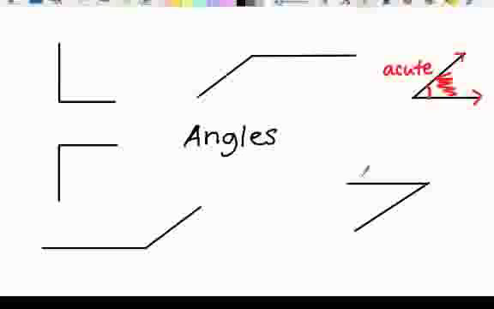And this, even though it's upside down, is also less than 90 degrees, and that's an acute angle. So just by looking at them, I can tell those are less than 90 degrees if I remember what a 90-degree angle looks like. And I'm going to say that these are acute. So there's my example of an acute angle.